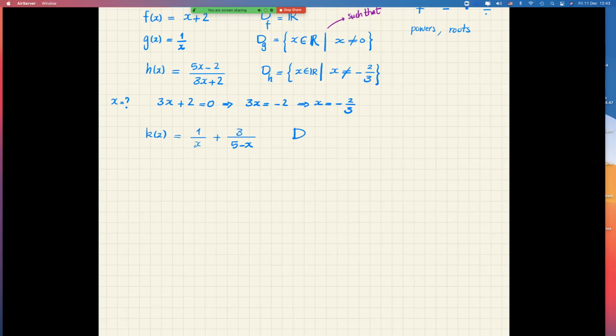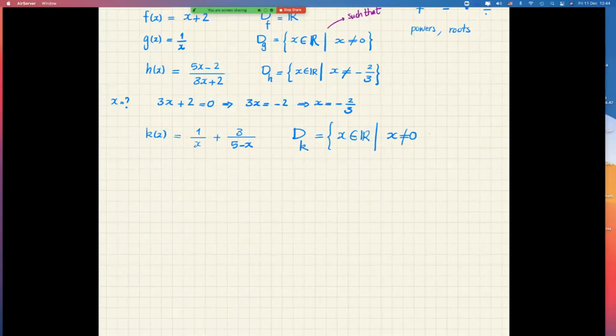So then you can write that the domain of k is the set of all values in R such that, first of all, I need to have the first one make sense. So it means that x shouldn't be equal to 0. This condition guarantees that this part is defined, but there is no guarantee that this is defined. For this one to be defined, 5 shouldn't be equal to x.